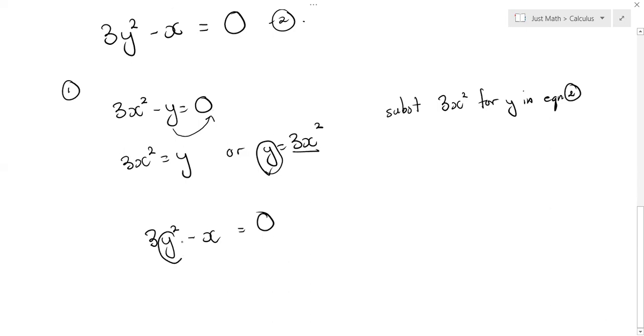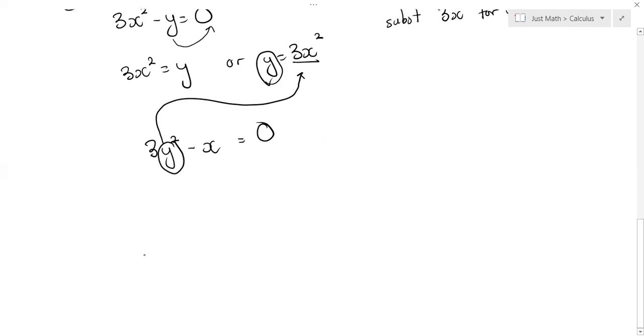So this y, we're going to change and put 3x squared. Don't panic, it's not something serious. So we replace this y with 3x squared, and remember, there's still a square outside, minus x equals 0. Stay with me on this.